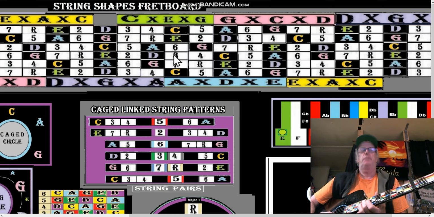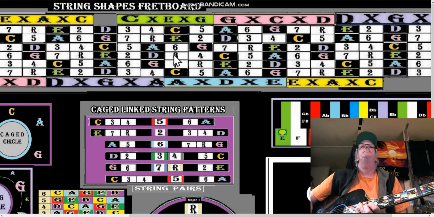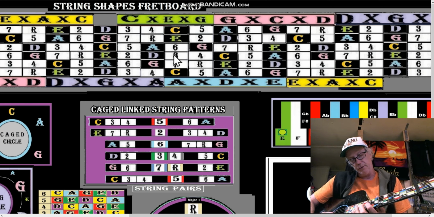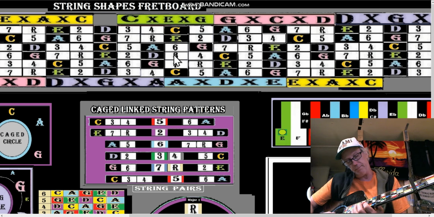Here's an E. You know that if you memorize that the E is going to be in the DC shape, to the right is going to be the C shape, to the left is going to be the D shape. That's all. So it gives you that much right there. You can do anything from there.